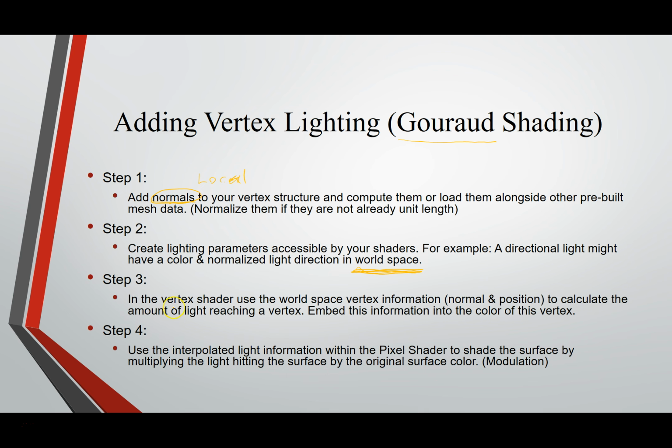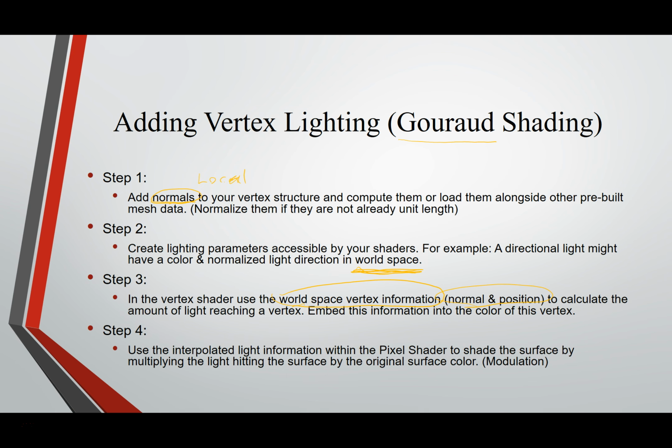In the vertex shader, you're going to use the world space vertex information, which is the normal and the position. Remember, we have a matrix that can help us do this, the world matrix. It'll easily help us find the position of a vertex in world space. And we can also use it to transform the normal into world space as well. I'll mention a little bit more about that in the tips for lab.